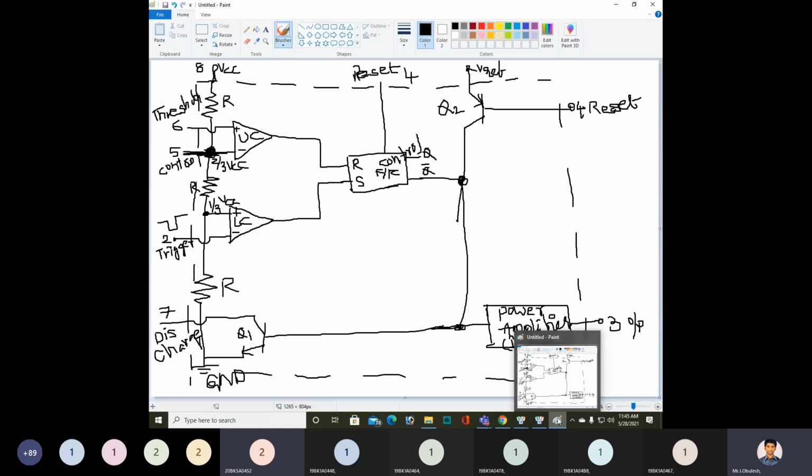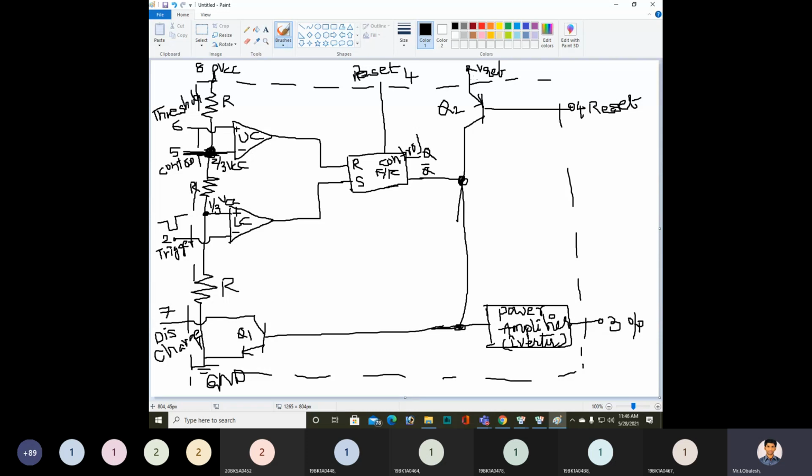V reference, VRF. This is not connecting to any pin. This is connecting to your transistor Q2. Why are we taking V reference? If you want to perform comparator operation, we need two input supply voltages. The first one is the trigger, and the other one is the reference. With the help of this reference voltage and trigger, we perform the comparator operation.